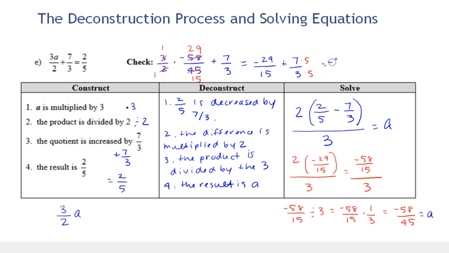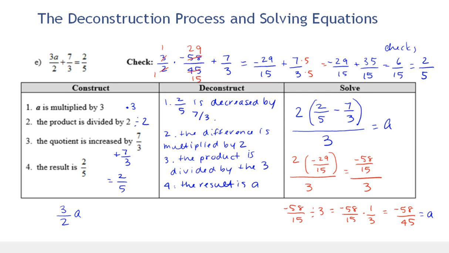We have negative 29 over 15 plus 35 over 15, which will give us 6 over 15. If we simplify this fraction, they each have a common factor of 3. So 6 divided by 3 is 2, 15 divided by 3 is 5. And our result checks.